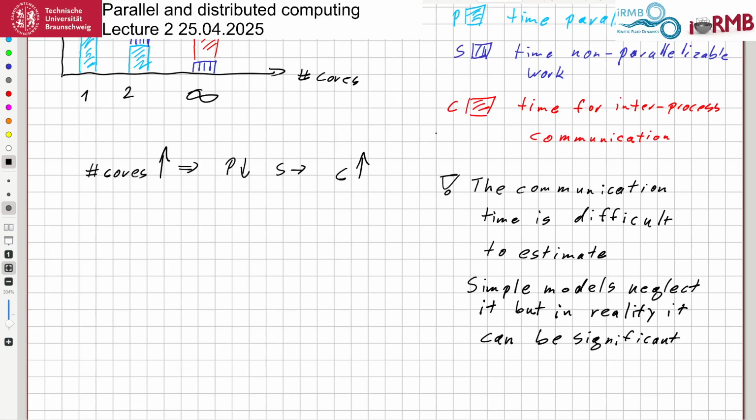Okay, now let's ignore communication and build a simple model with TS being the serial execution time and TP the parallel execution time.